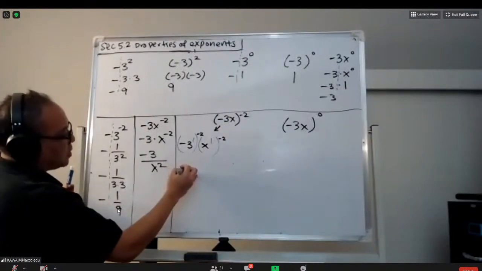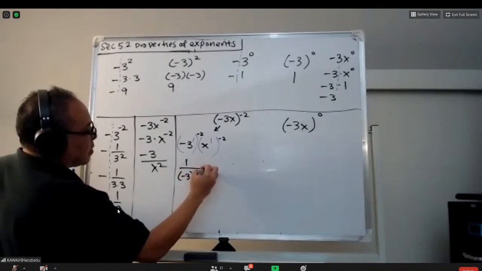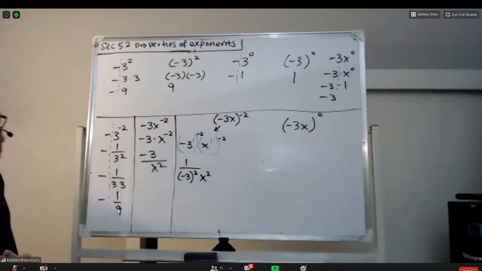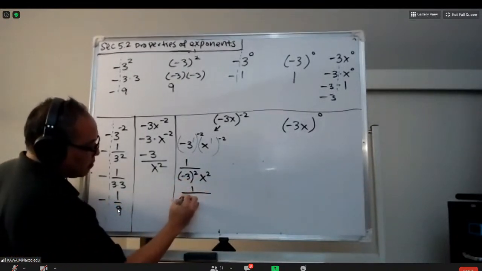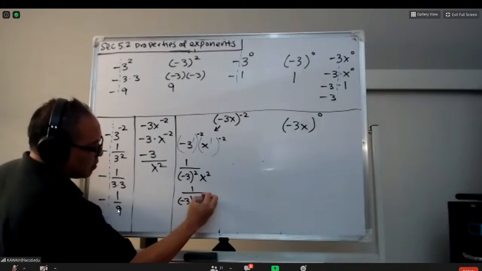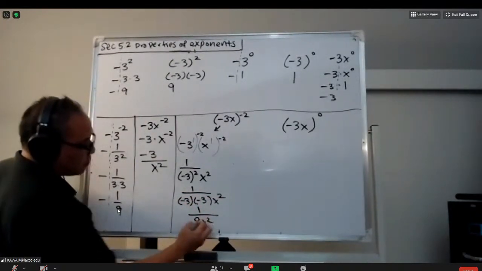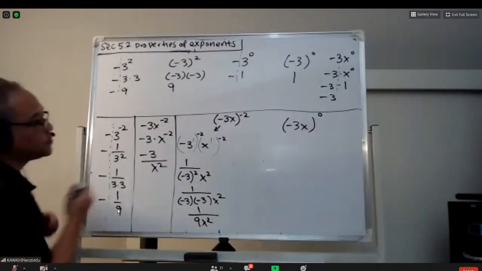So this should turn into 1 over, like that. And since there's a parentheses on the outside, I should get 1/9x squared. That's one way of attacking it.